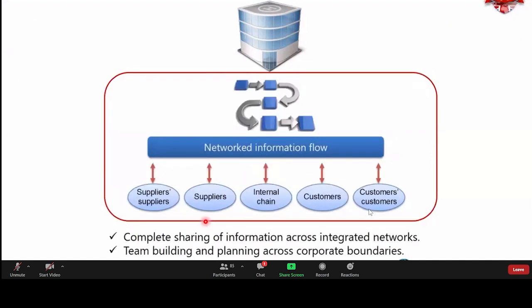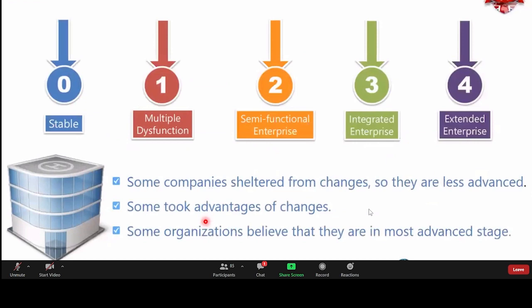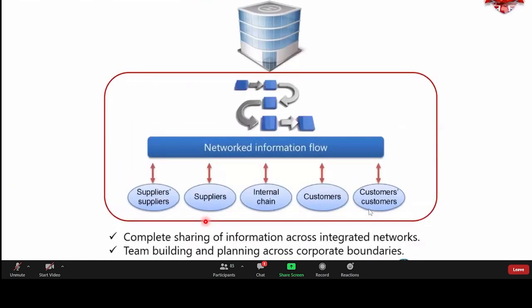And number 4, this is the sasabihin na natin, ito yung trend ngayon, yung extended enterprise. So by means of this network information flow, connected na dito from supplier to production or manufacturer yung company and also si customer. Okay?